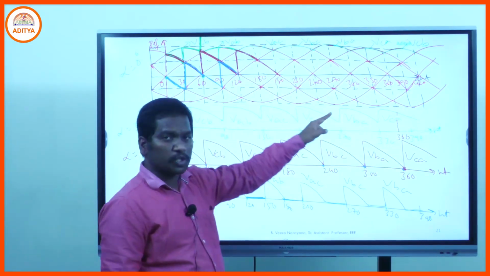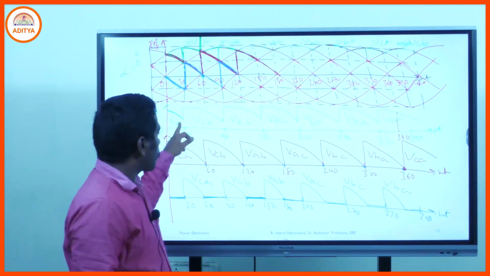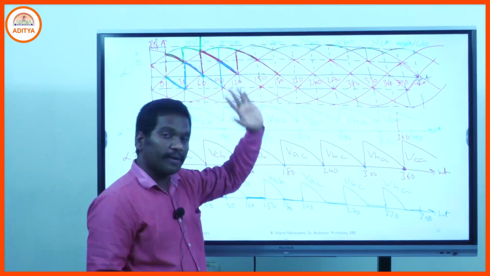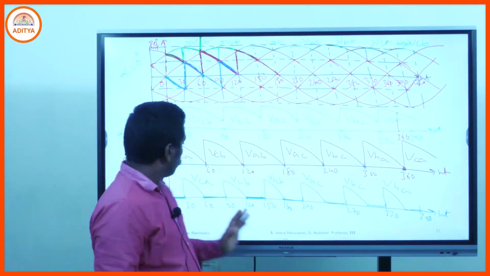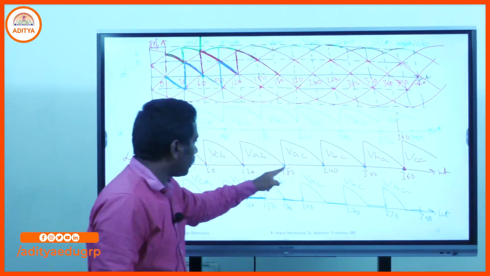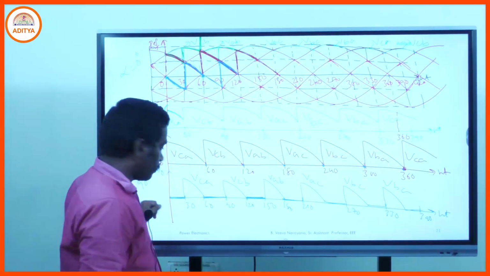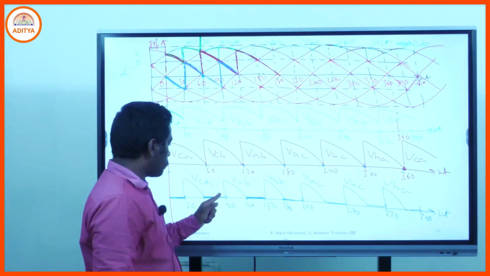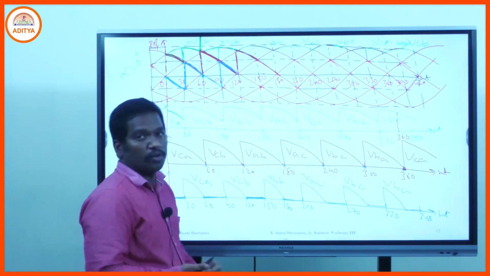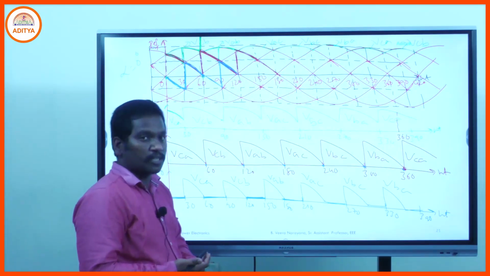With a resistive load, the current is in phase with the voltage, and the current never reaches the reference line, so it operates in continuous conduction mode. For alpha equal to 60, at this instant the output current is 0. If you choose alpha equal to 90, in the intervals 0 to 30, 60 to 90, and 120 to 150, the current is 0. Hence the converter operates in discontinuous conduction mode.